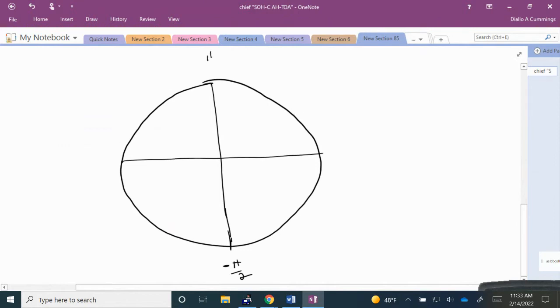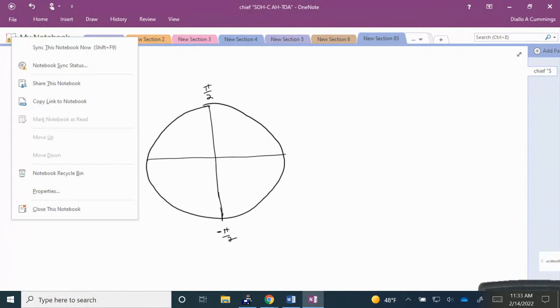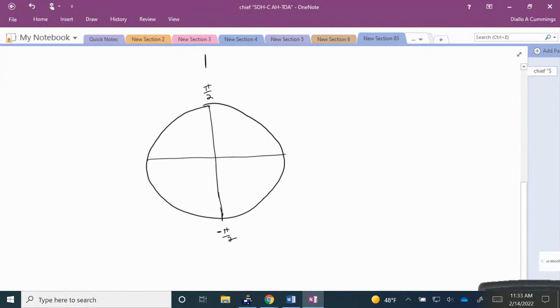And then we have +π/2 at the top. So that means that the arc sine is found in this interval from -π/2 to +π/2. You can find all of those things along the right half of the unit circle.